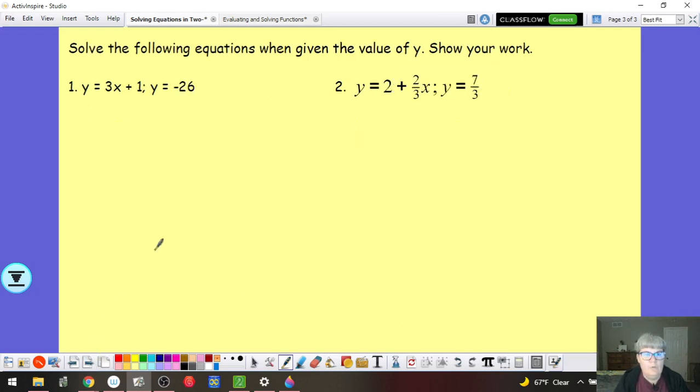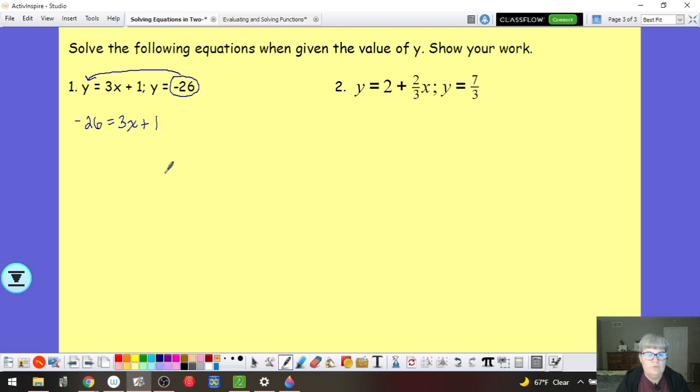A little bit more work is involved when we know what y is. Again, we want you showing your work. You're still going to substitute, but in this case it's for the y. So I'm going to have negative 26 equals 3x plus 1.